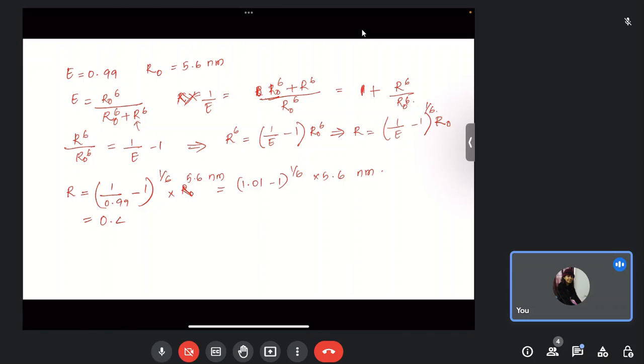This is equal to 0.464 into 5.6. So this is 2.598 nanometers. But this is sort of unusual because I think there is some problem with my calculation.